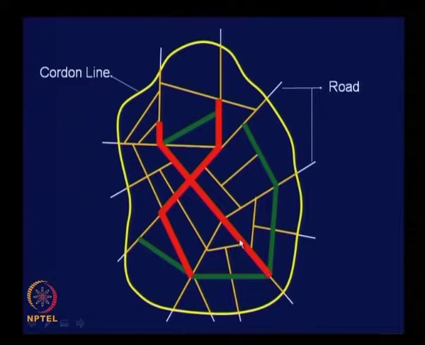For example, the red lines may extend in practice over more than 10 kilometers, right. So, shall we say that these red lines indicate heavy traffic corridors, is it not? Traffic volume is heavy.